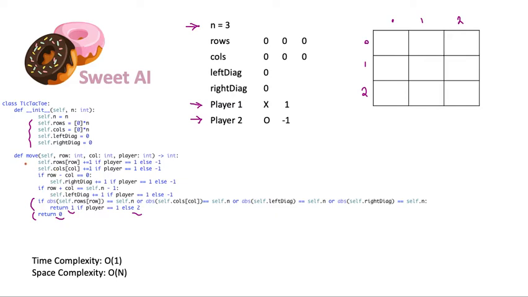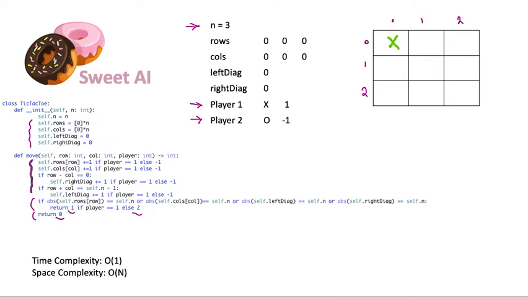And for the conditions that we have here, what is happening is we are going to update these variables and lists that we have defined here. How? Let's go through an example to better understand. So let's say player 1 puts an x at row 0 and column 0.